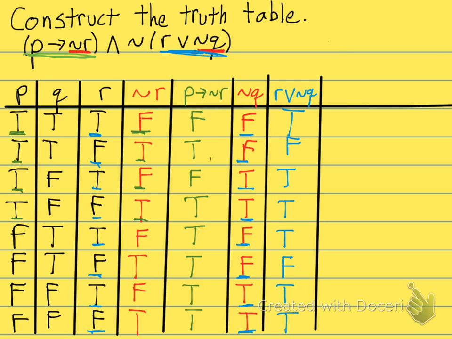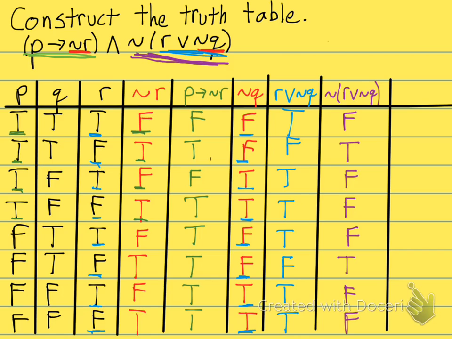Okay, and so now we're almost to the end. Now that we've worked out the R or negation Q, we can now come out here and say, okay, now I need to do negation of all that stuff. So I'm going to look at that column, the blue column here, and I'm going to write down the opposite truth values for everything I see there. You may want to take a moment and go ahead and do that. If you now pause the video and take a look, you can see that the blue column has now been negated into the purple column. What I've done is written the opposite value for each one of those.